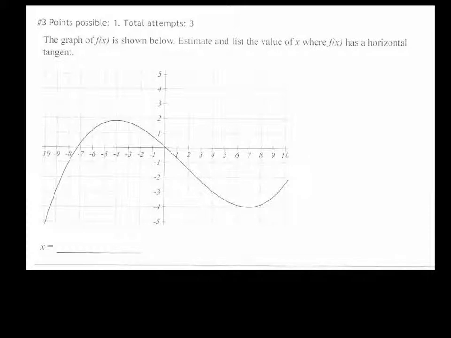Now there could be more than one, so it should say values. But for a horizontal tangent, we're looking where we're going to draw the tangent line and it's going to be flat. Like right here at -4, if I draw a tangent there, it's horizontal. So -4 is one of my answers. And this happens again right here. We get a horizontal tangent line, and that's at 7.